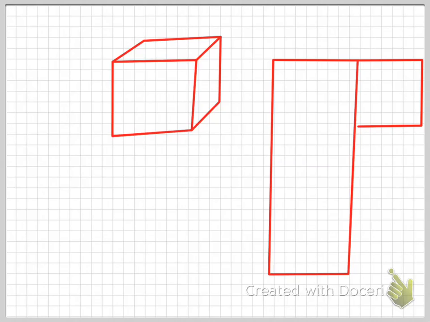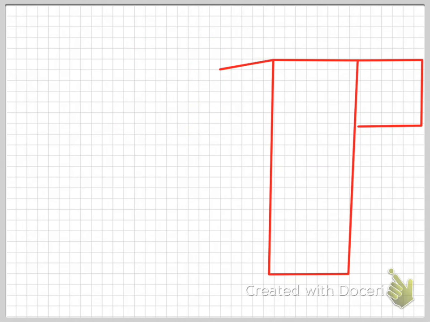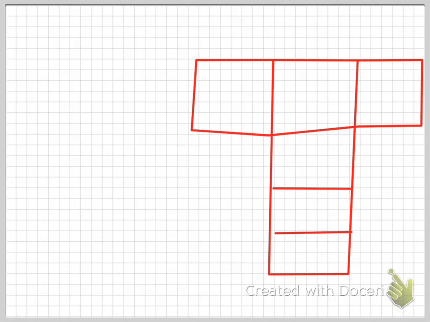Something like that. Does that make sense? It doesn't look great, I didn't draw that very well. But I cut out the sides, so all of a sudden you can see how many sides are there on this object.